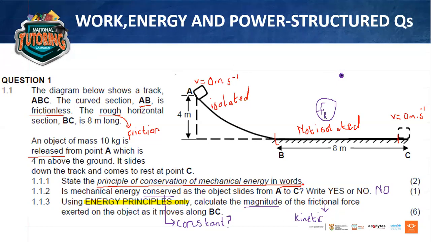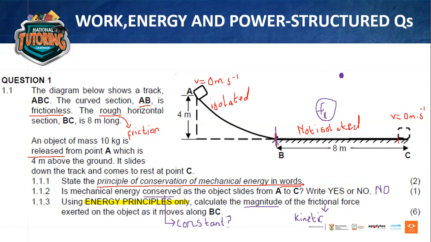So here's my object. When it starts to enter this part, which is the motion that starts at point D, there is no one pushing it. There is no applied force, because it is not being pushed and it is not being pulled.